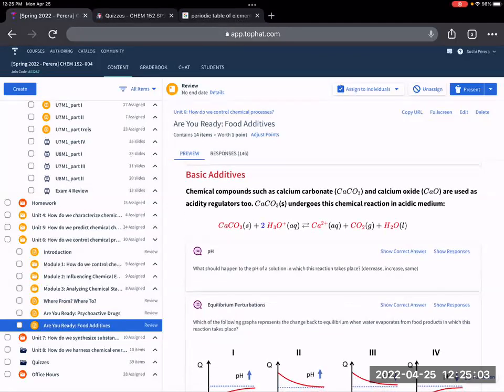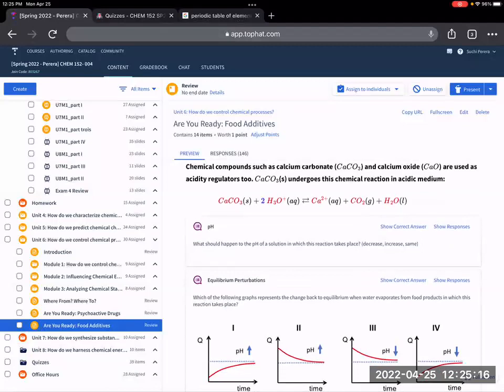The chemical compounds such as calcium carbonate and calcium oxide are used as acidity regulators too. Calcium carbonate undergoes this chemical reaction in acidic medium. Okay, so here's this. And then what should happen to the pH of a solution in which this reaction takes place?